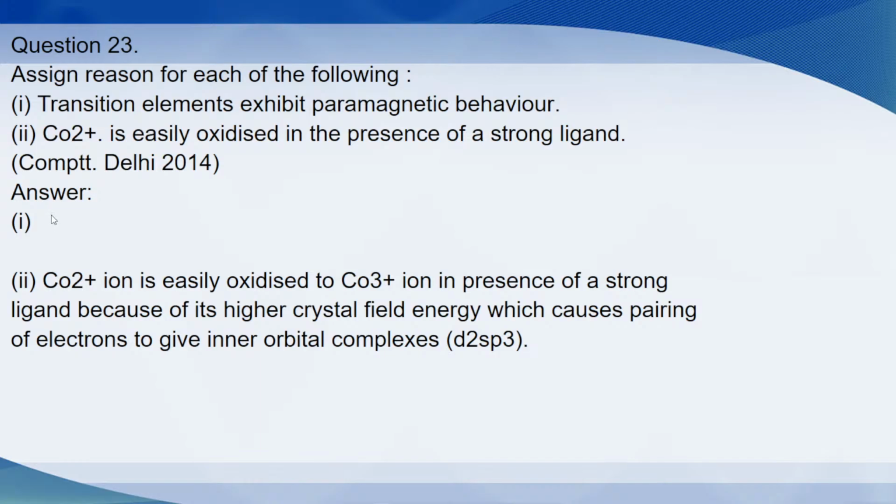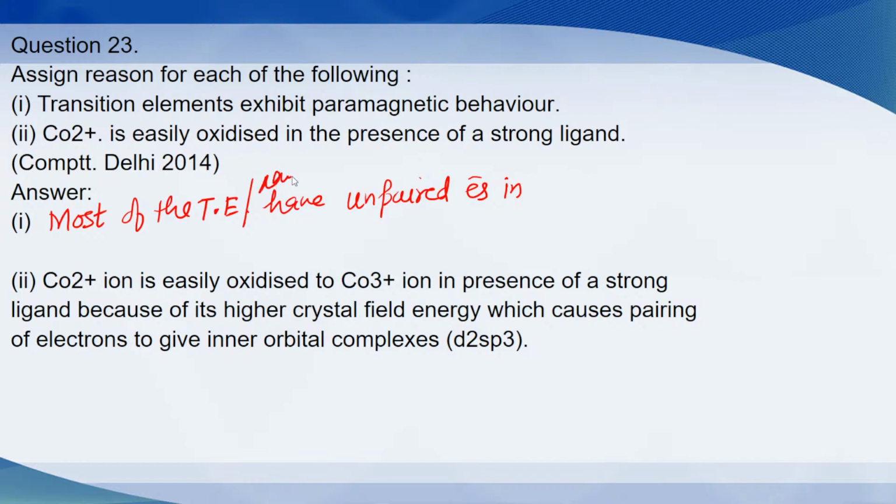So most of the transition elements or their ions have unpaired electrons in the d subshell, in the (n-1)d subshell.